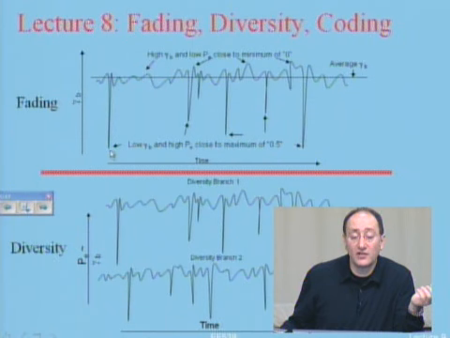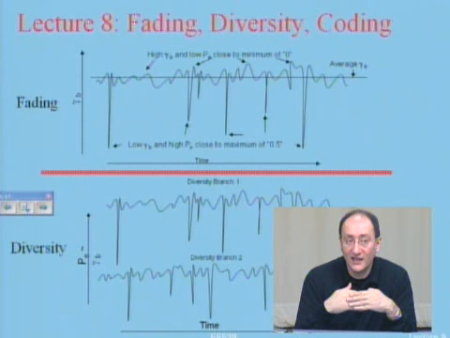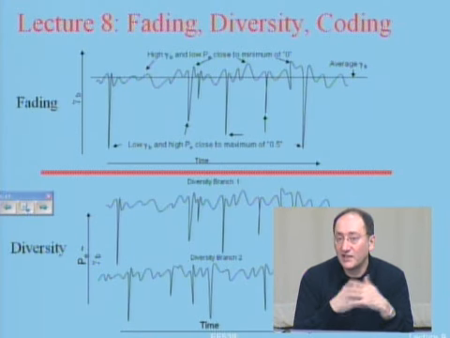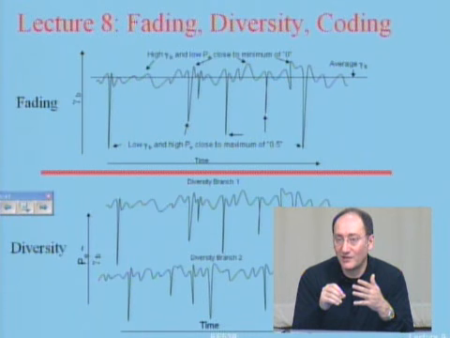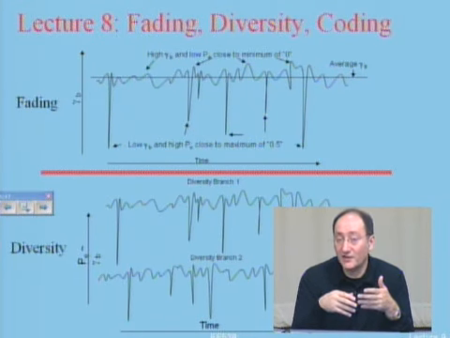And this fading is caused because in narrowband communication, I have different paths, and these different paths have different phases, and they may come against one another and cancel each other. When they cancel each other, I will have a deep null. I will have a fade. They may add together.